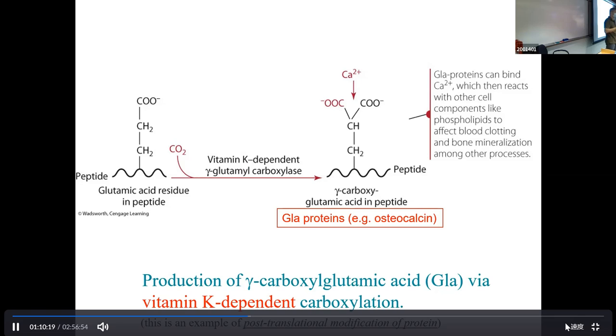Actually, there are many proteins that will be added on by this carboxylation process. Osteocalcin is only one of the examples that I'm showing you that relates to what we are trying to focus on. So for your purpose, let me just simplify it further.